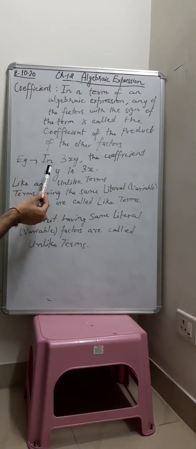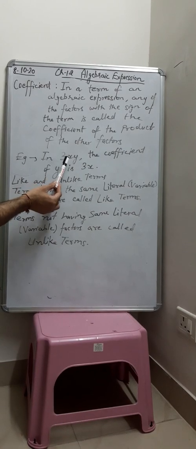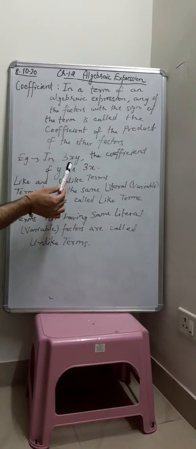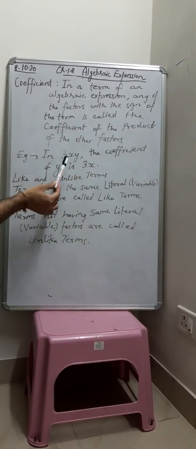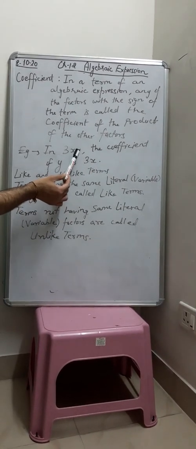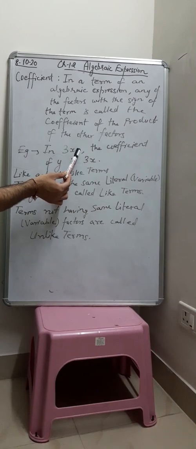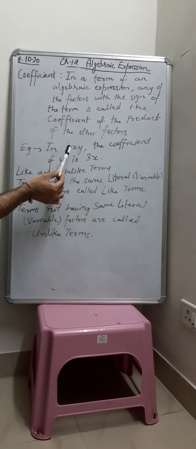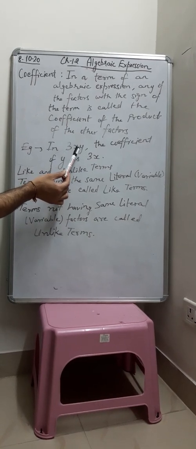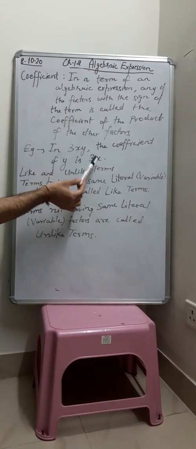For example, in 3xy, the coefficient of y will be 3x, because 3x is the product of the other factors of y.